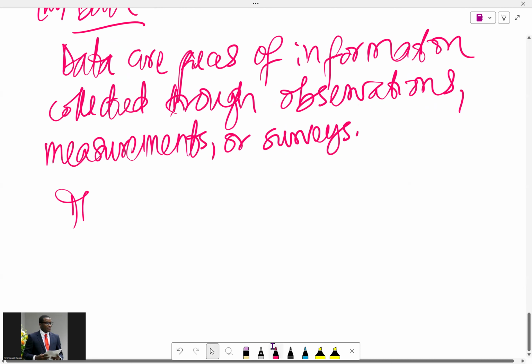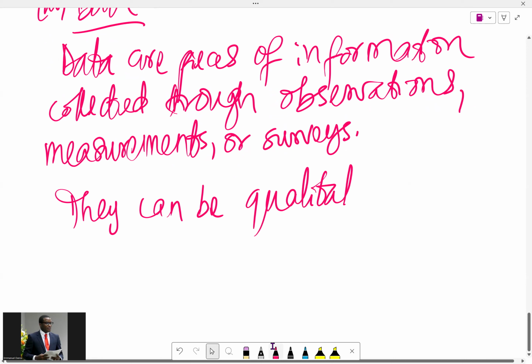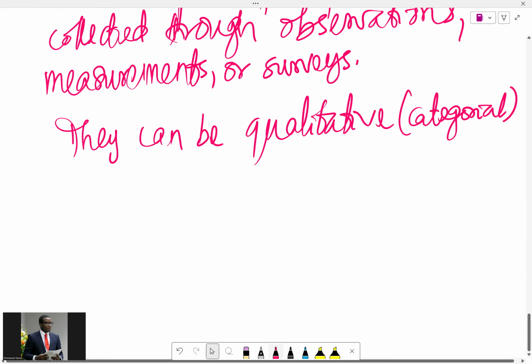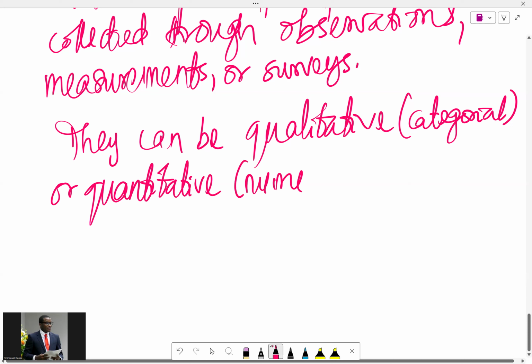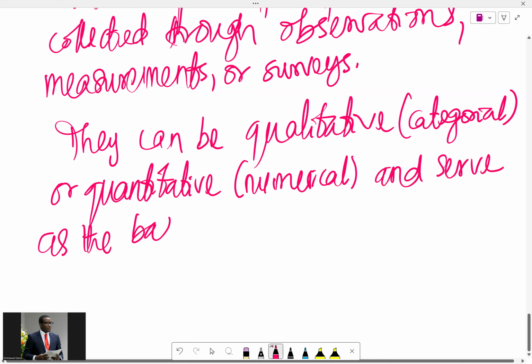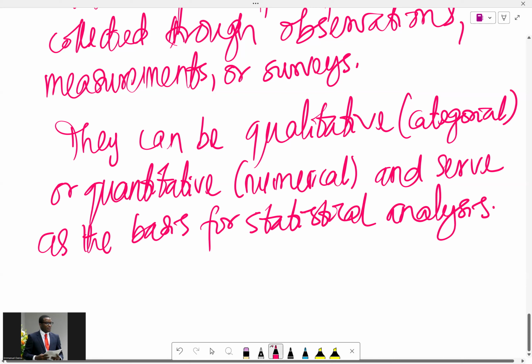Data can be qualitative, which means categorical, or they can be quantitative. That would mean they are numerical in nature, and serve as the basis for statistical analysis. Okay, that's data for you.